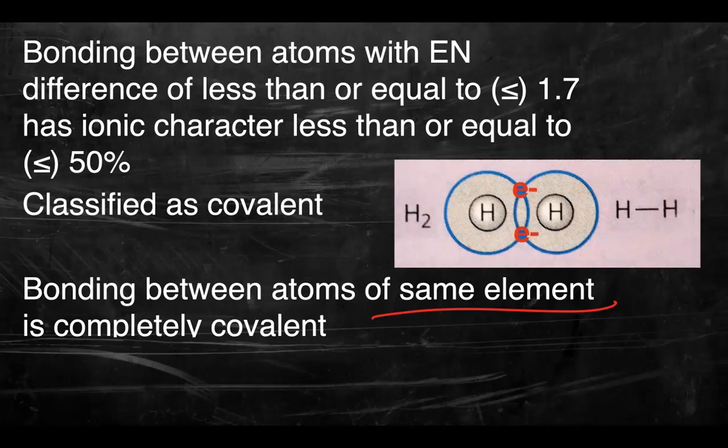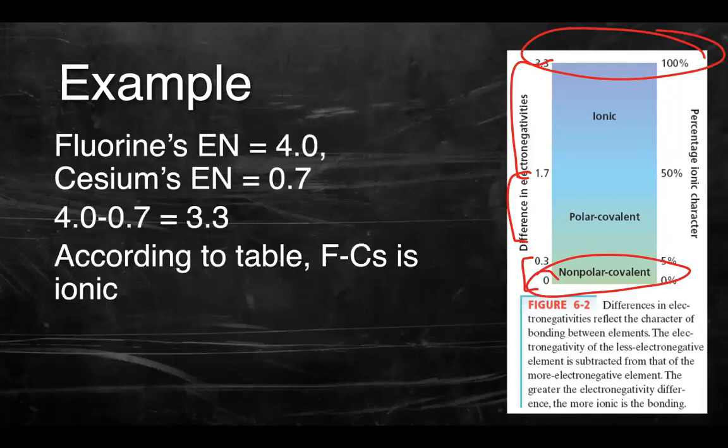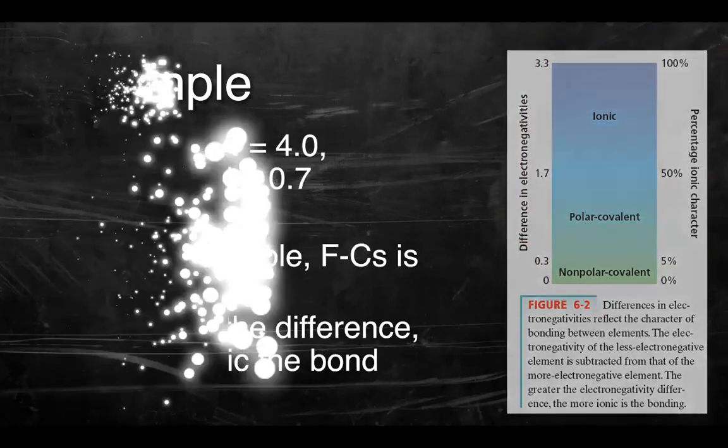I don't know offhand what the electronegativity of hydrogen is, but let's just say it's 1.5. We'll just make it up. So if this hydrogen is 1.5, this hydrogen is 1.5, 1.5 minus 1.5 is obviously 0. So when it comes to that graph, which I don't have here, it's all the way down here, 0% ionic character.